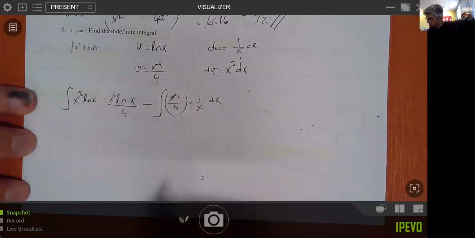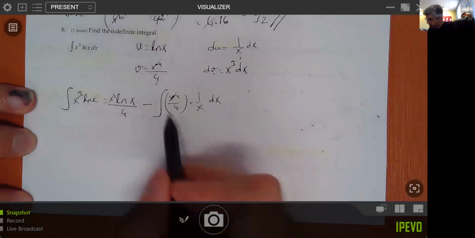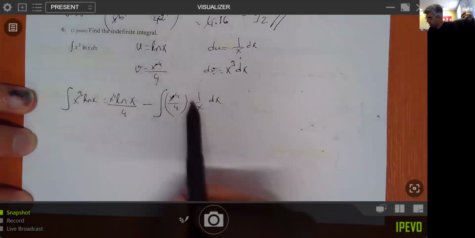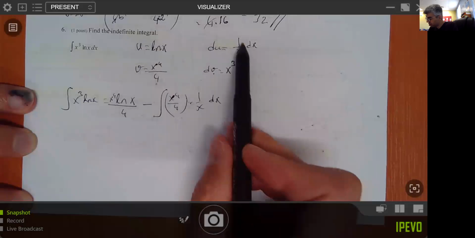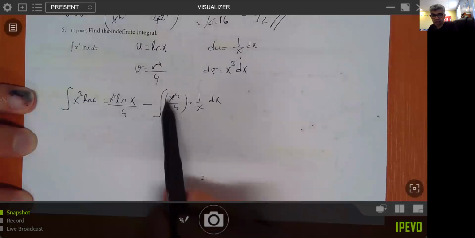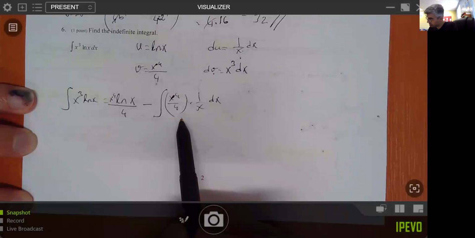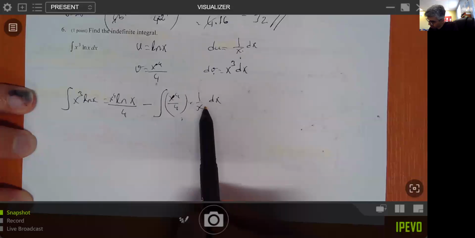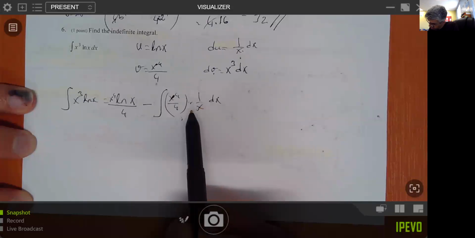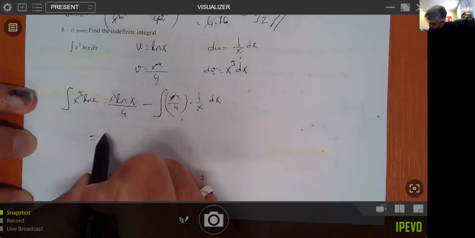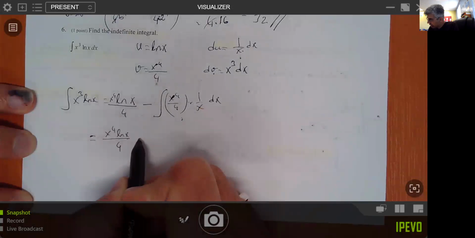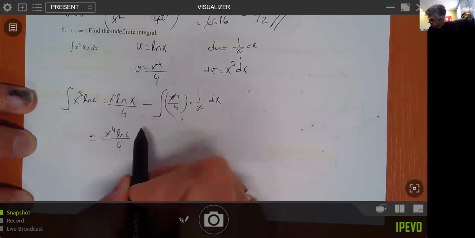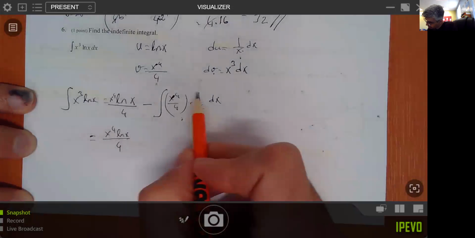Okay, look here. That is the reason why I select u as ln x: because du is 1 over x and I have no ln, just powers of x in this integral. So how can I write this, guys?